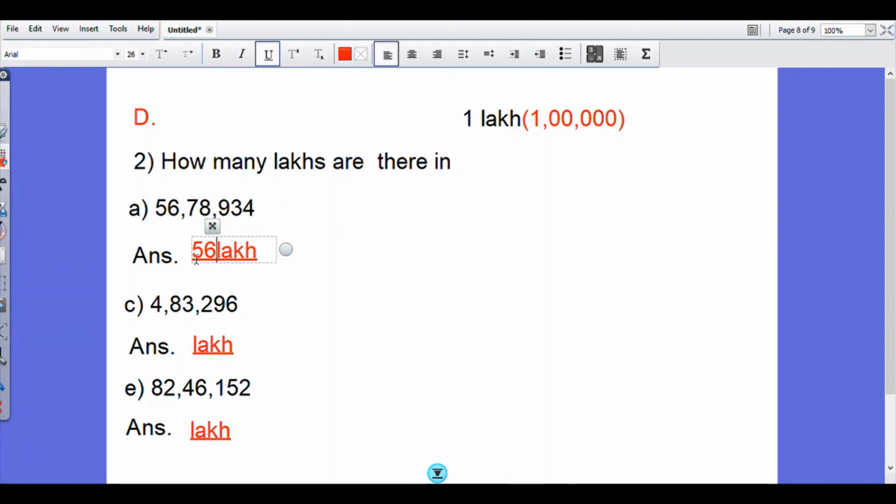So 56 lakh. Again you have to count 1, 2, 3, 4, 5. Here 1, 2, 3, 4, 5. So the answer is 82 lakh. Okay, student.